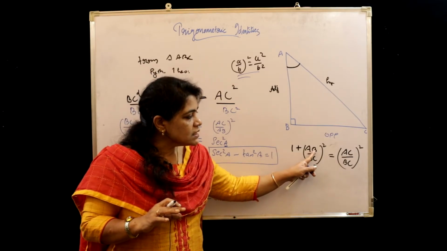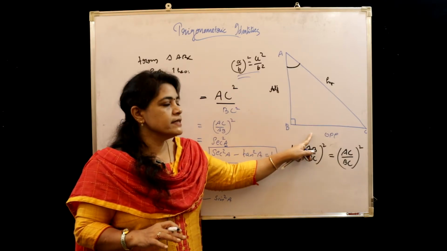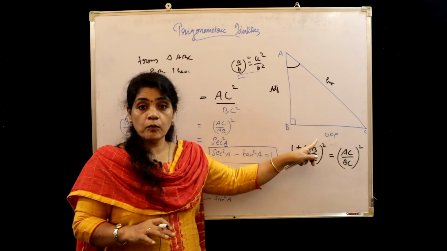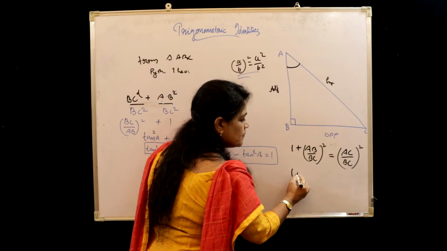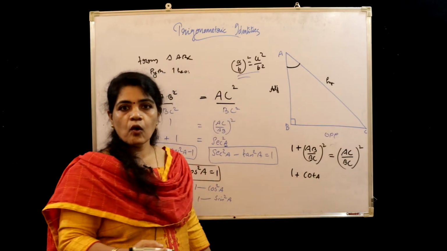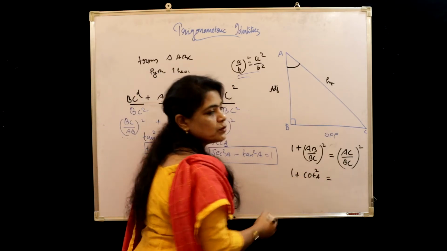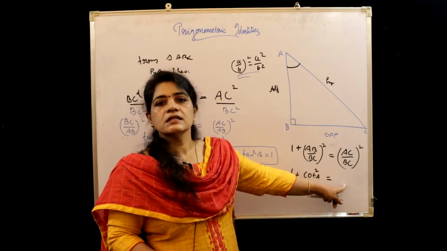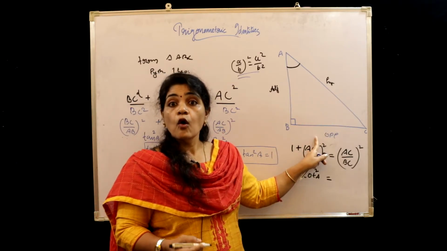Okay, so what is this ratio AB by BC? AB adjacent and BC opposite side. Adjacent by opposite side is cot. Okay, so 1 plus cot A whole square, cot square A, equal to AC by BC. AC is the hypotenuse, BC is the opposite side.